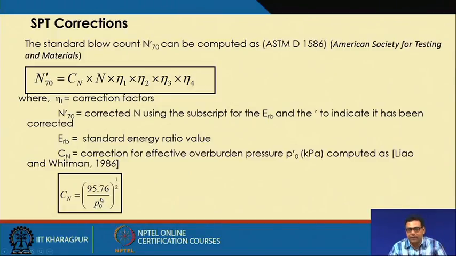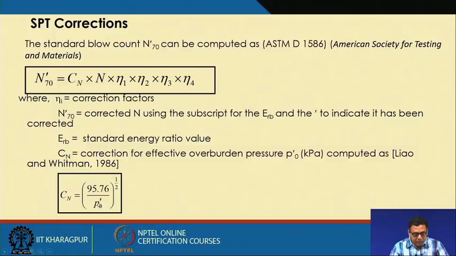As I mentioned, this effective overburden pressure can be shown in different ways. It can be P0 bar, P0 dash, sigma dash, sigma bar, or sometimes P bar or P dash also.